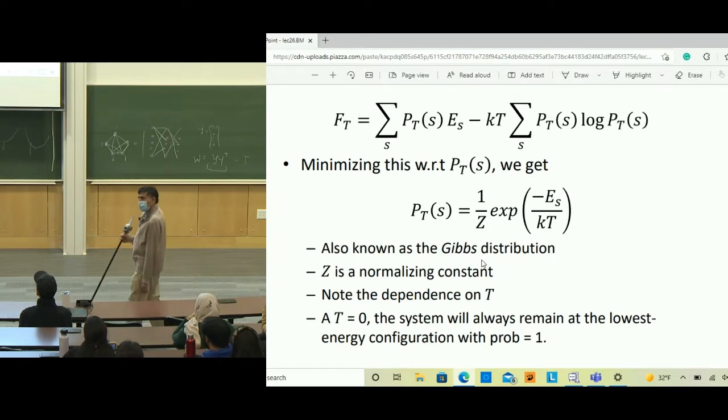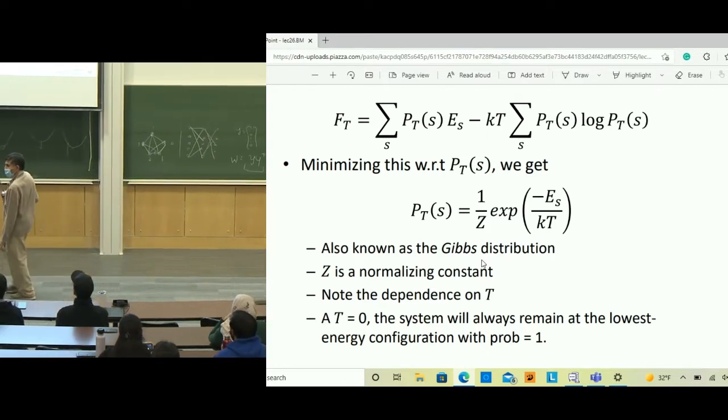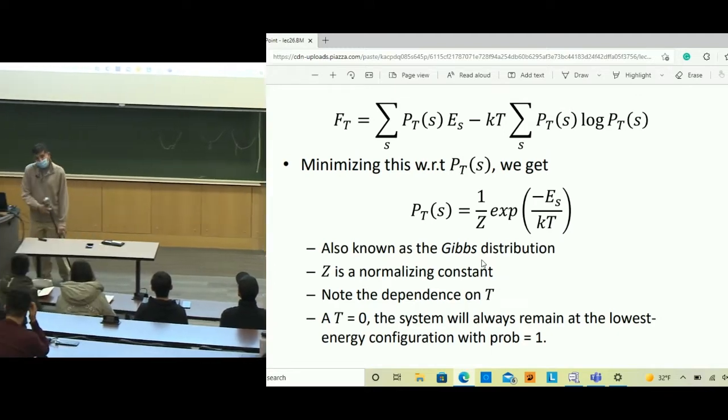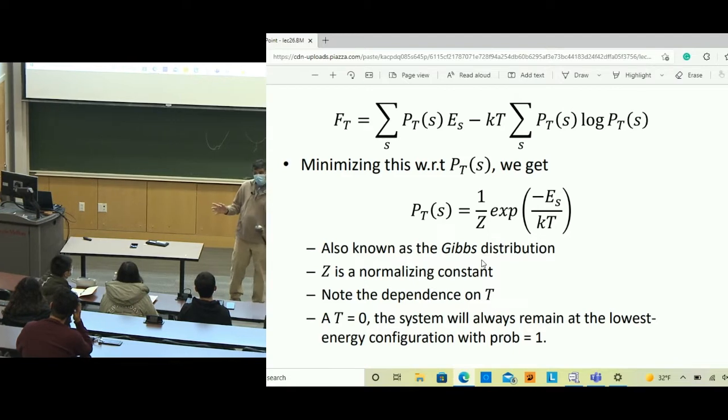K is the Boltzmann constant, and T is the absolute temperature in Kelvin, right? So the 1 over Z over here is a normalizing term. It's normalizing because if you just sum up all of the exponents, that's going to be some finite number, but it's not going to be 1.